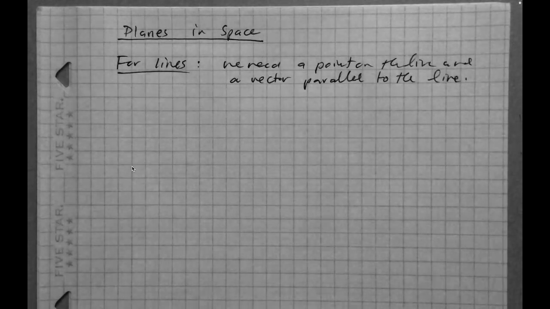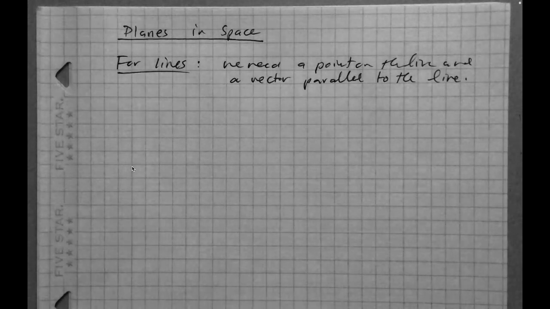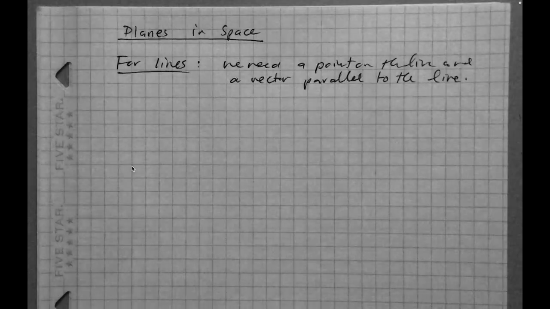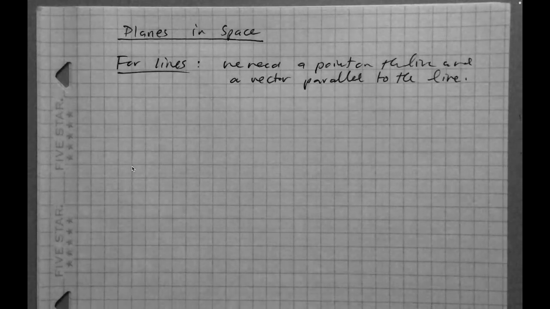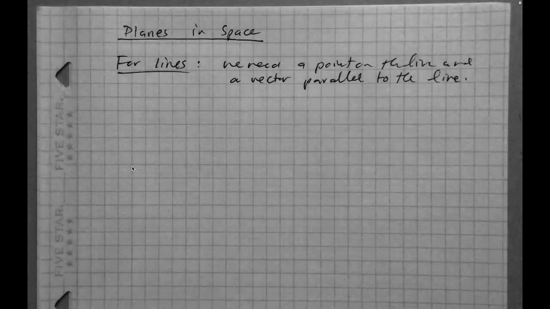The requirements are different. To see how a plane in space can be determined, what we need is a point in the plane and a vector that's not parallel to the plane, but normal to it. Normal means perpendicular.